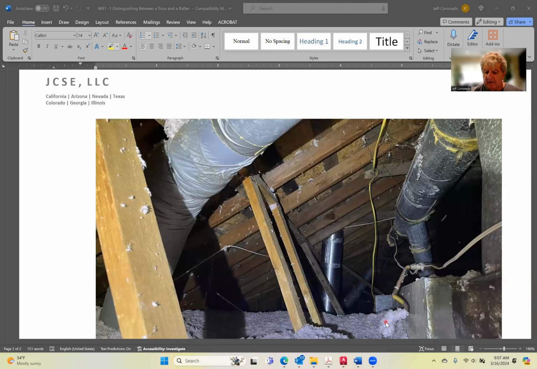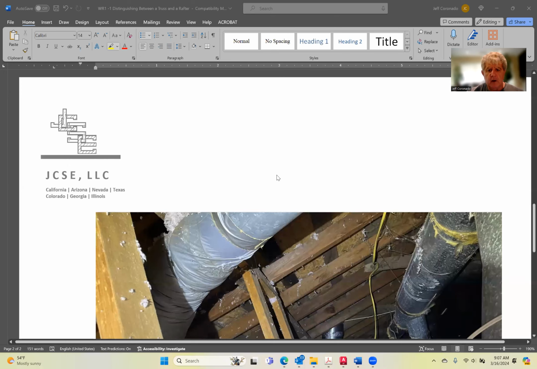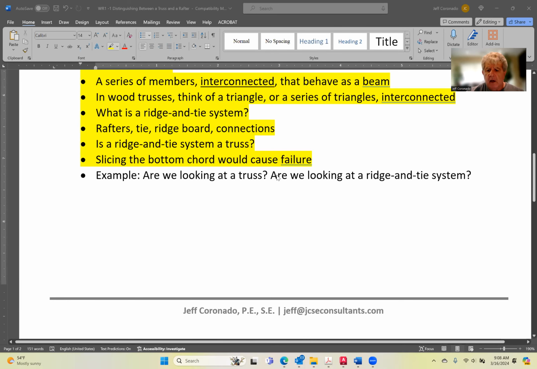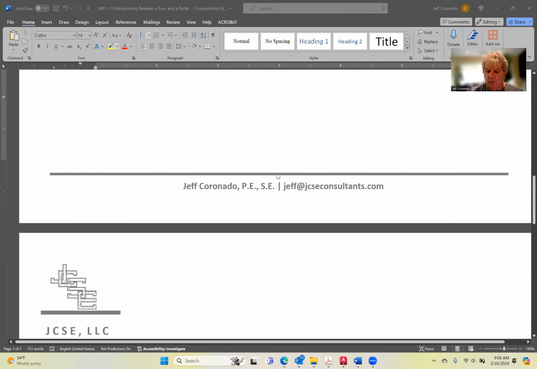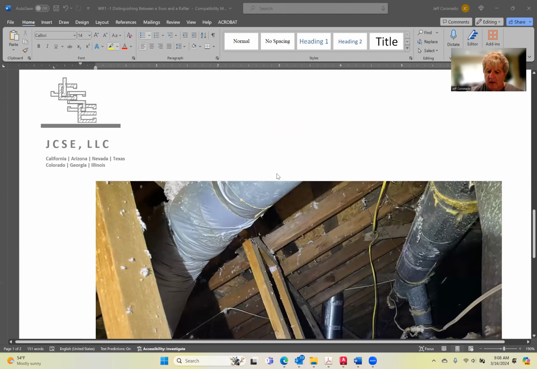Underneath the insulation is the tie, or embedded in the insulation is the tie. So we have a ridge and tie system. Sorry, rafter and tie system. Ridge tie, what are we calling these? Let's see if I can go back into our guide here. A ridge and tie system, okay. So we do have a ridge and tie system.